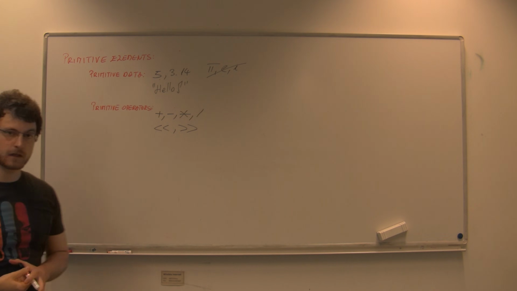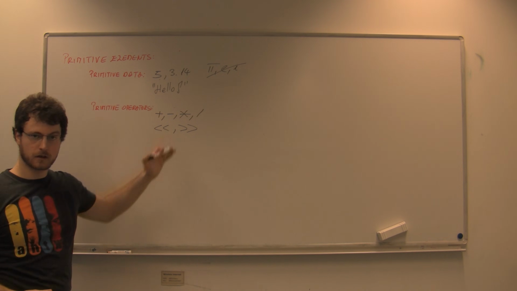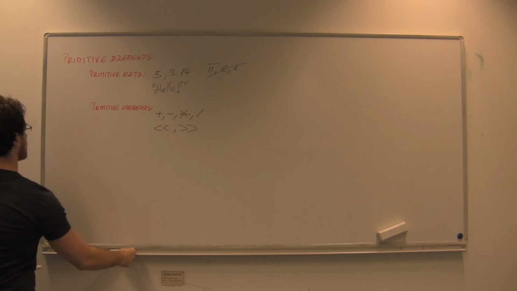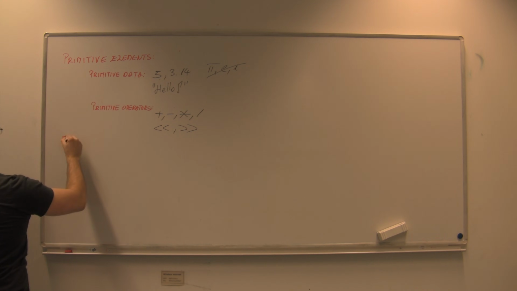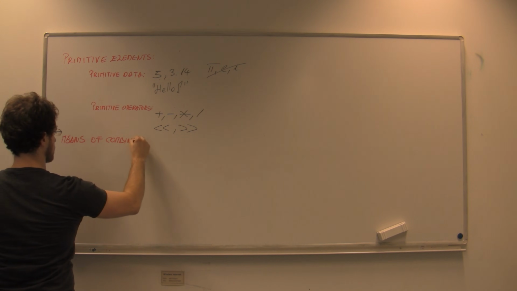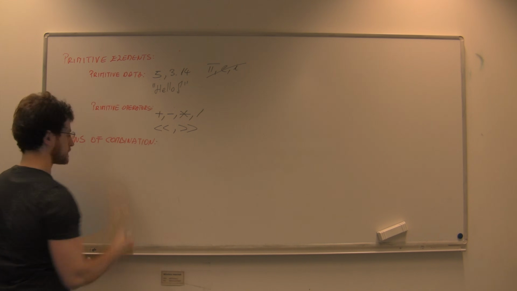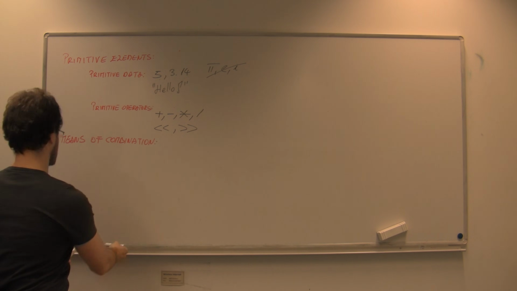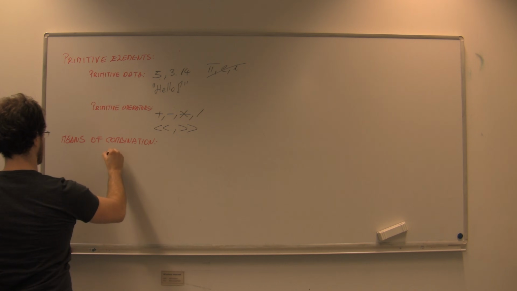And then we've seen how to combine these things into sentences. And we call this means of combination. The first means of combination that I introduced were expressions.